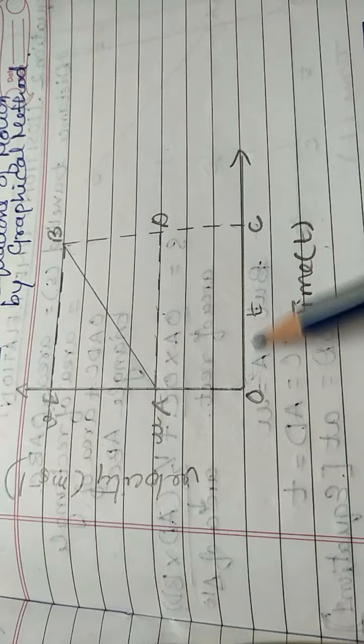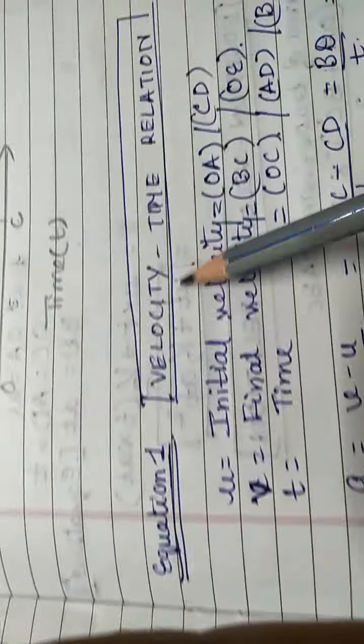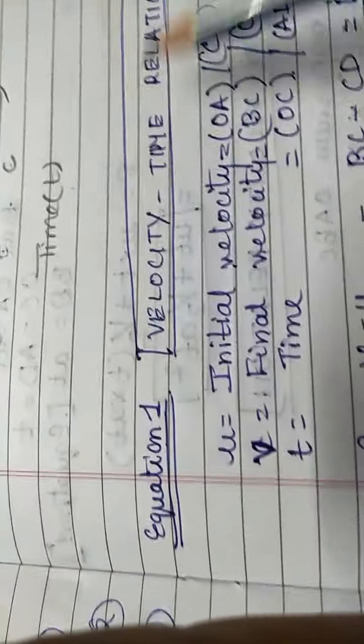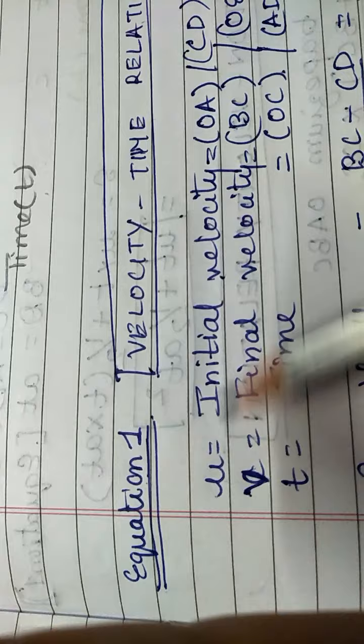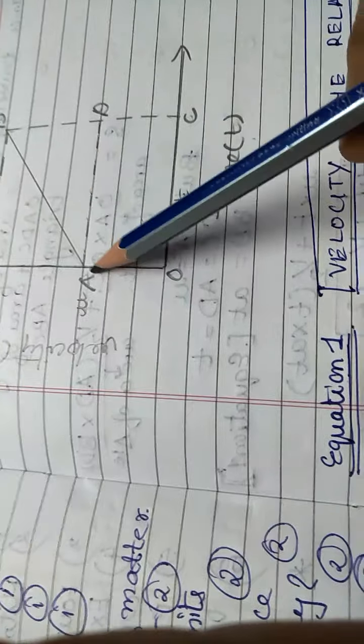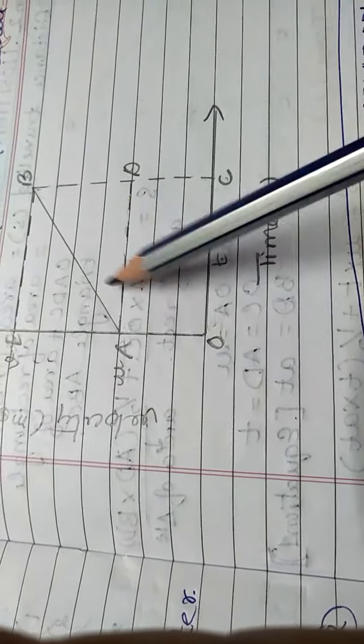Now if you see this, you have the first equation, the velocity-time relation equation. For that you first need u, the initial velocity. This initial velocity is OA. Here we have made dotted lines for our convenience, to prove the equation.